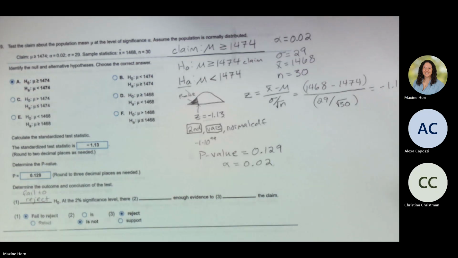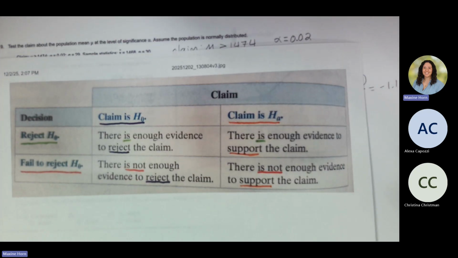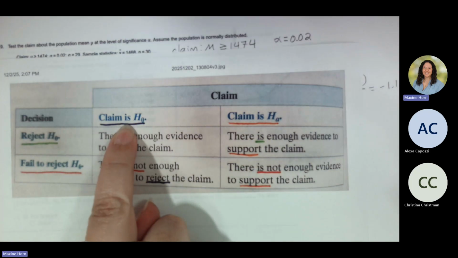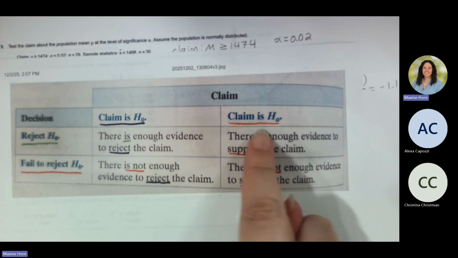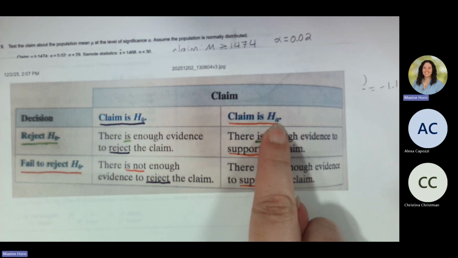Okay. Now, here is where the other chart comes in. So this is another chart that you want to have close at hand or have memorized. All right. So either your claim was the null hypothesis or the alternative hypothesis.